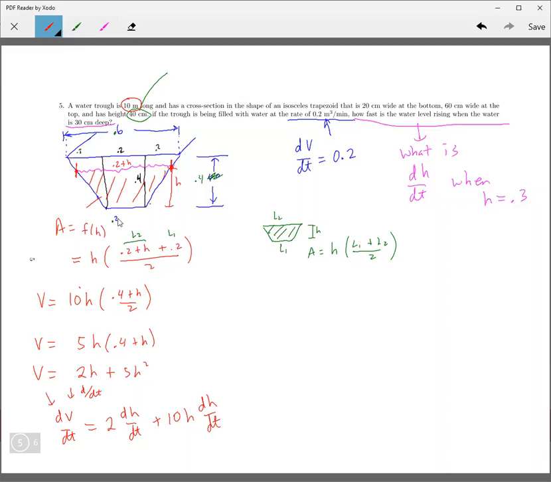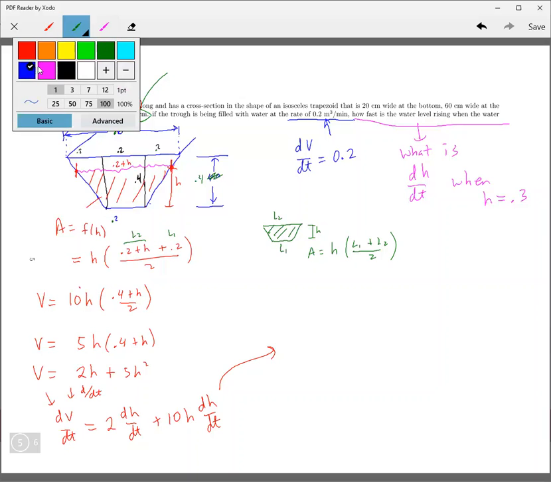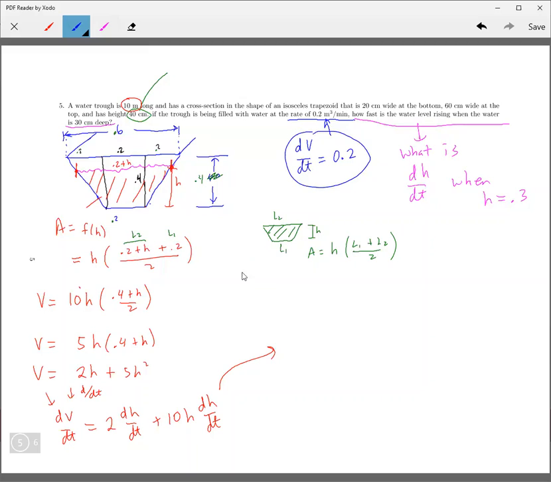Okay, so now what we do is we plug everything in. We know that dV/dt is 0.2, so that gets replaced with 0.2. We know that the height is 0.3, so that gets replaced with 0.3.